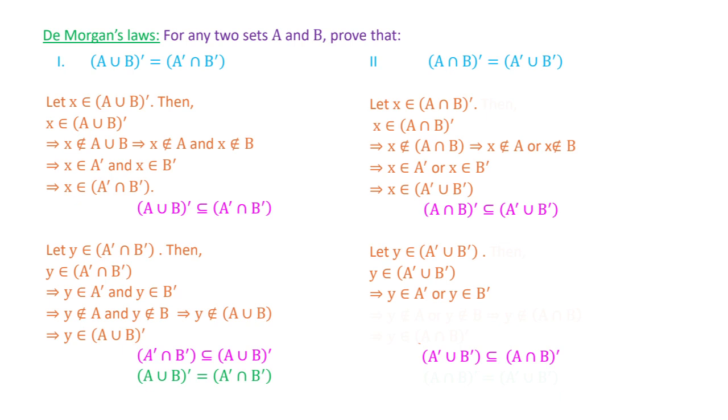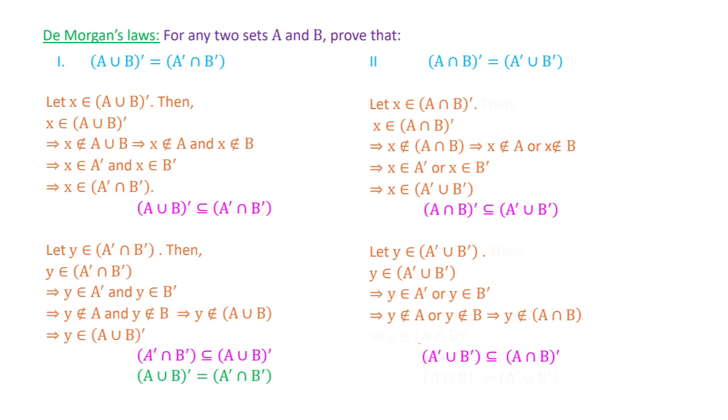Now when we are saying Y belongs to A complement, it means Y does not belong to A. When we are saying Y belongs to B complement, it means Y does not belong to B. And we have OR over here. By the definition of intersection of sets, Y does not belong to A or Y does not belong to B. It means that Y does not belong to A intersection B.